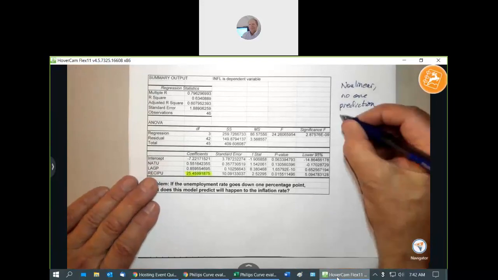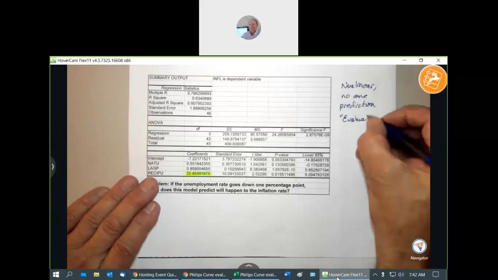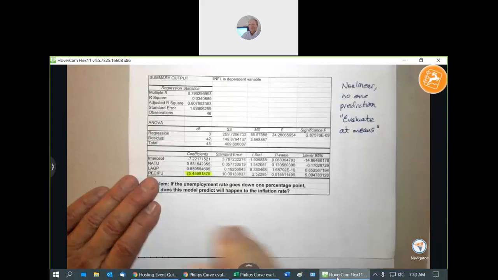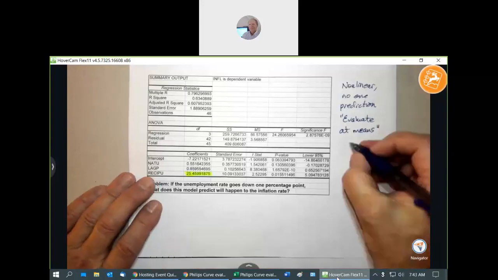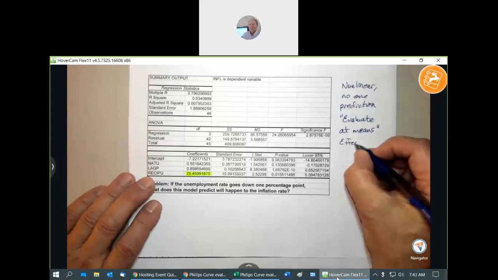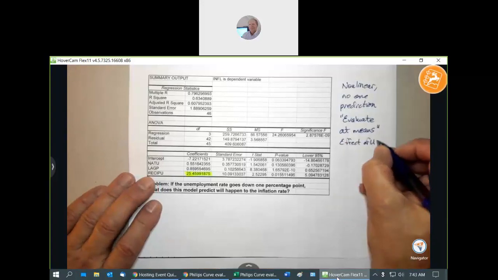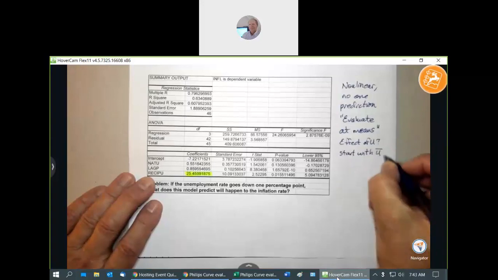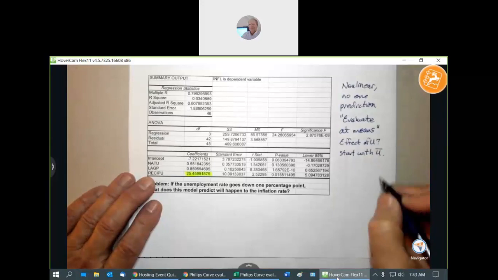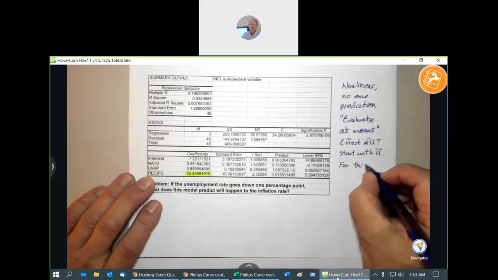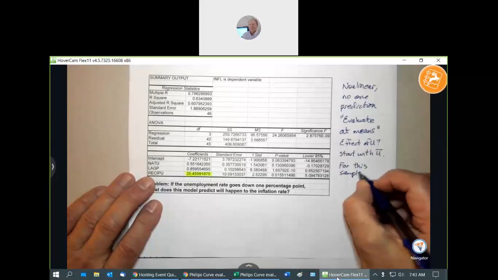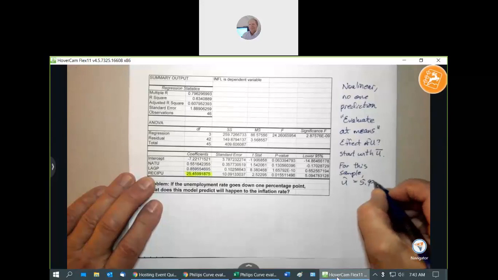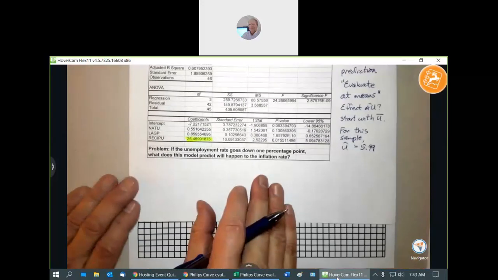So what we do is to evaluate at means. And I'll show you how we do this. To find the effect of unemployment, we start with U bar, the mean of unemployment. For this sample, I just went out and calculated it. Not hard to do. For this sample, U bar is equal to 5.99. Okay, so here's what we're going to do.